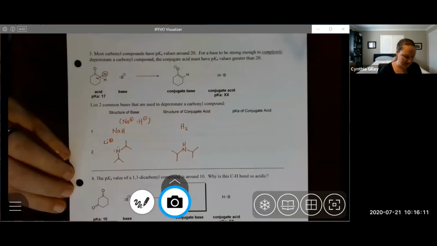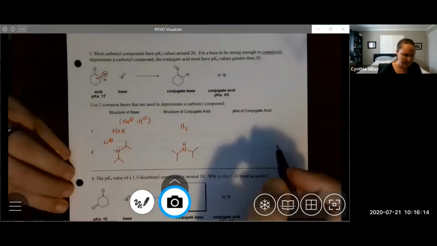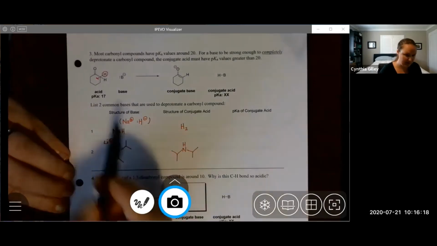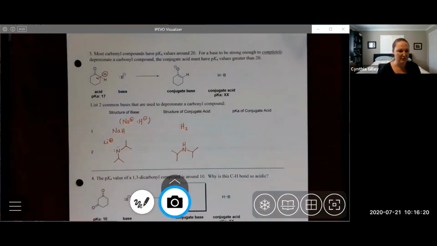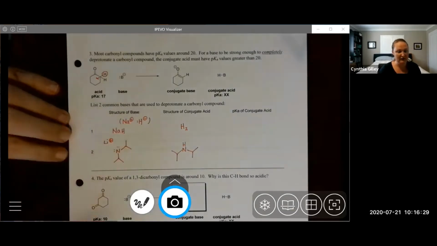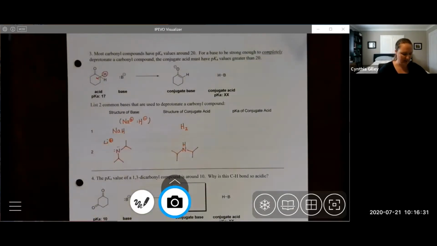So again, these are going to be higher, and so the deprotonation will very much favor the products here. What is the difference between these two? This one is pretty bulky, this one is really small, and we can actually use that for selectivity later on. We'll see that.